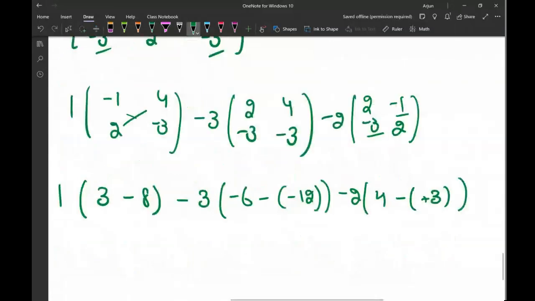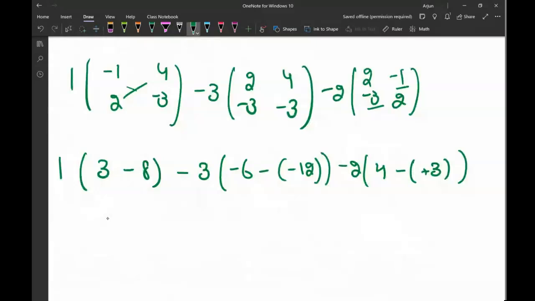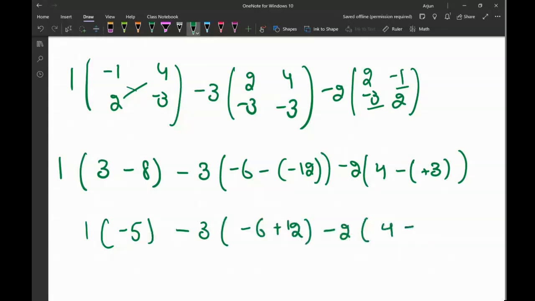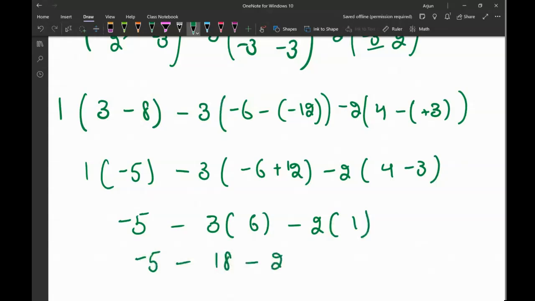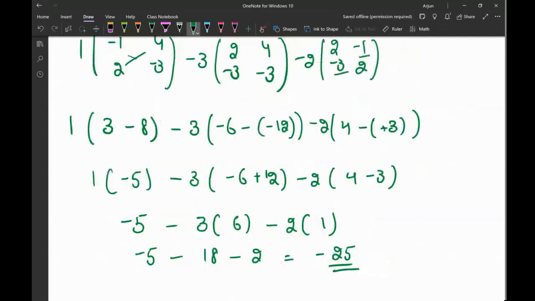Now this is going to give me 1 times minus 5, and this will be minus 3, and minus 6 plus 12, and then minus 2, and then 4 minus 3, and the number I get will be minus 5 minus 3 times plus 6, and minus 2 times 1, and minus 5 times, this is minus 18 minus 2. That's going to give me the final answer as minus 25. So the determinant of the given matrix I got is minus 25.